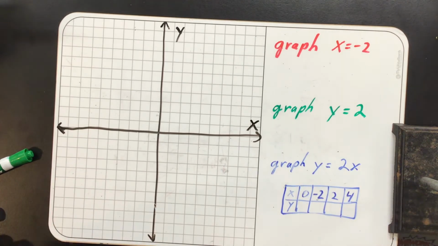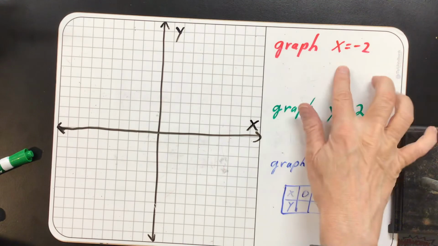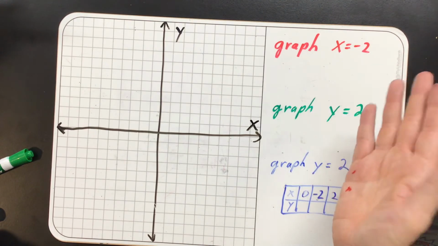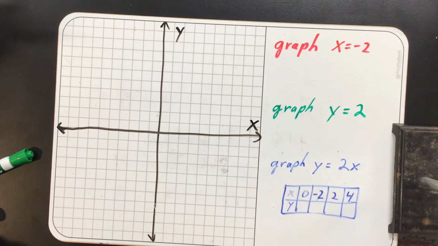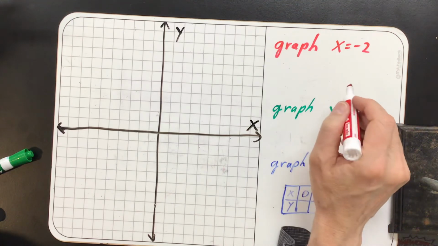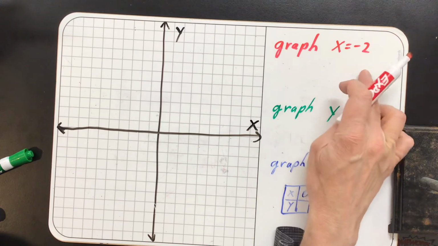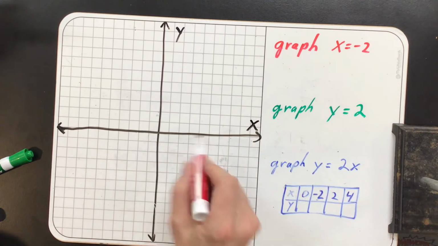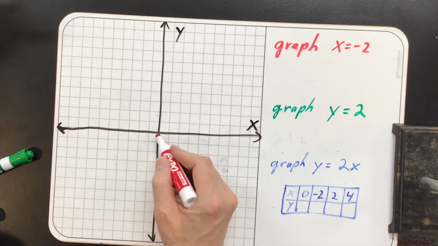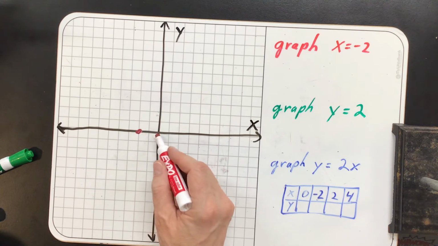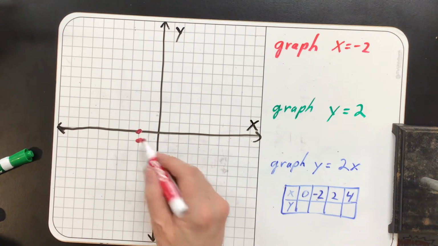All right, we're going to graph x equals negative 2. So that would mean, since there's no y here, that y equals whatever it equals. But if you were to choose any value for y, we know that x is always negative 2. Even if y is negative 1, well, x is negative 2.